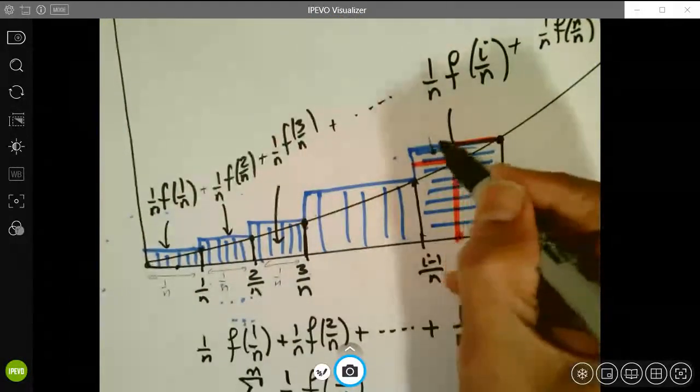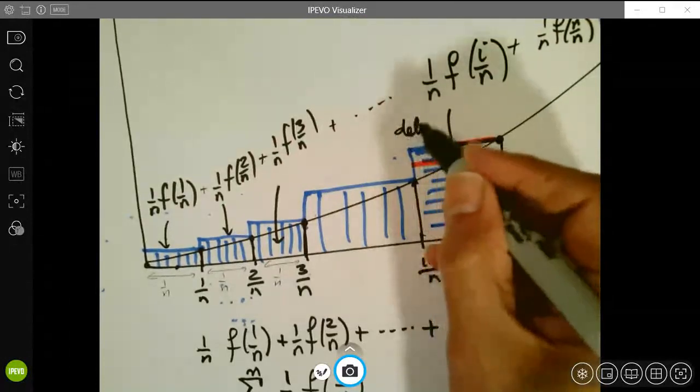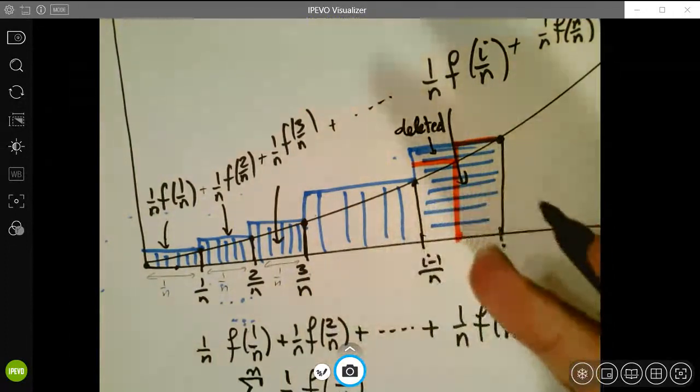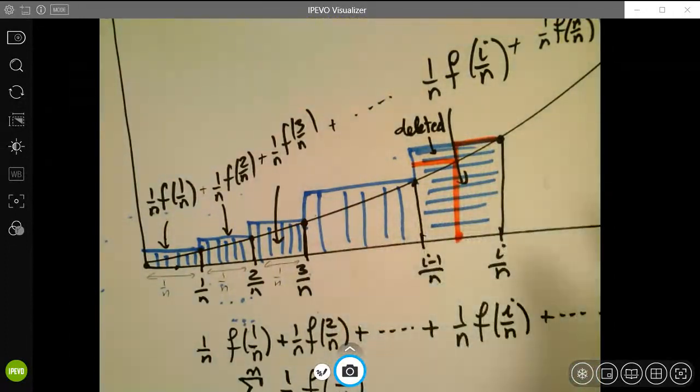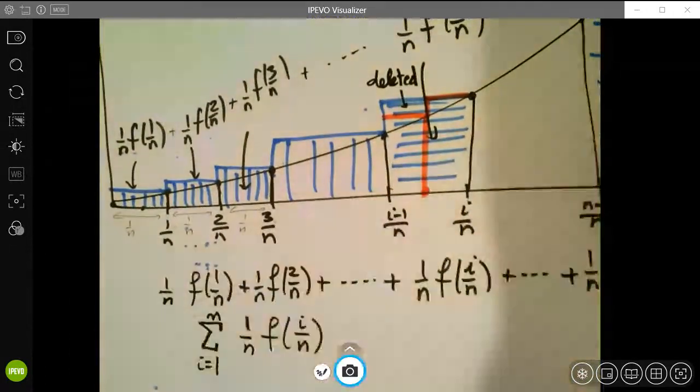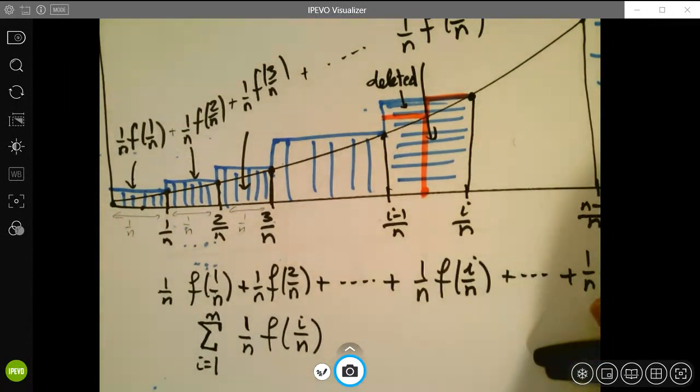Okay, this one, delete. That means the leftover gets smaller and smaller. Then if n goes to infinity and becomes very large, this one will go to 0. And that's exactly what we call definite integral.